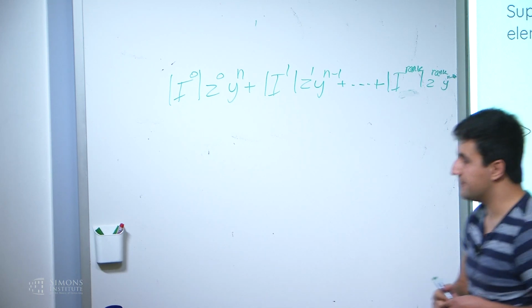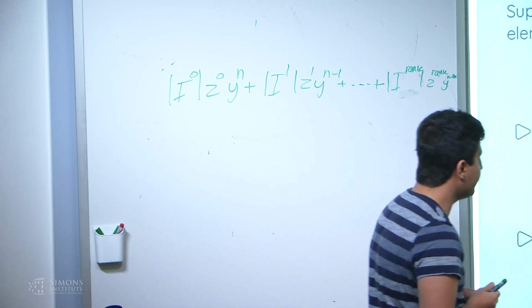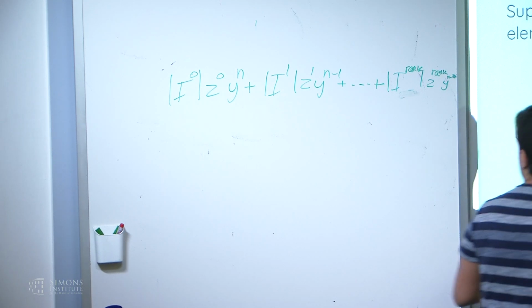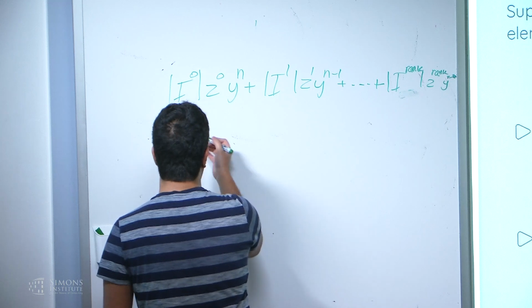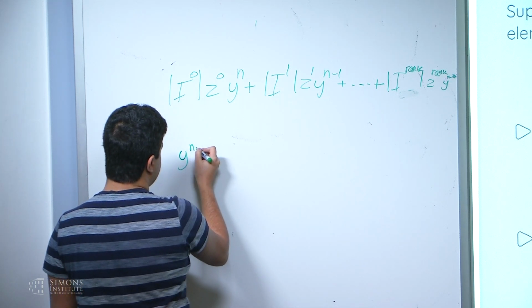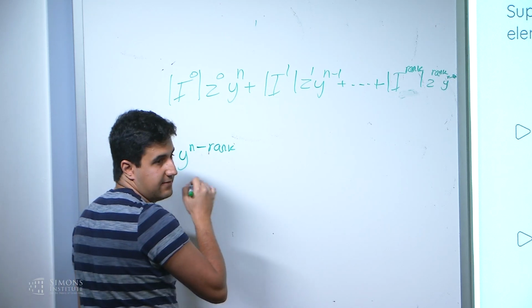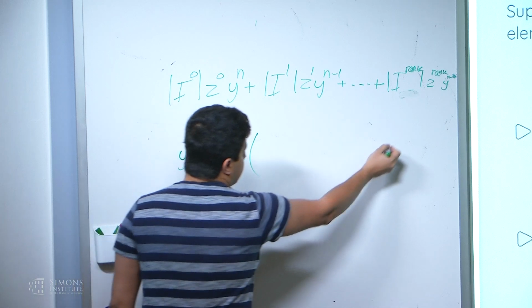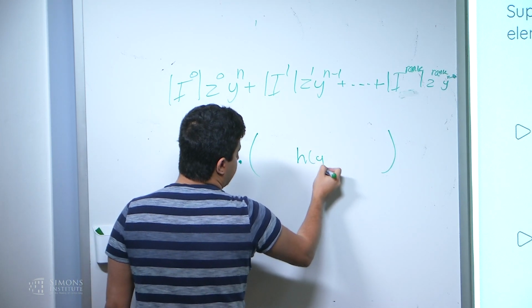So if you're familiar with real stable polynomials, when you have a real stable polynomial like this, which has a factor of y, right? So you can just basically factor out y to the n minus rank, which is the minimum degree with which y appears in this polynomial here, times some other polynomial in y and z, right? So let's call this other polynomial h of y and z, right?